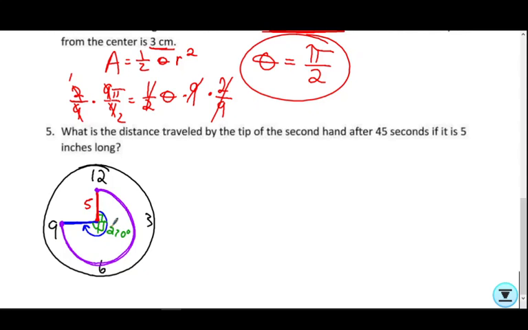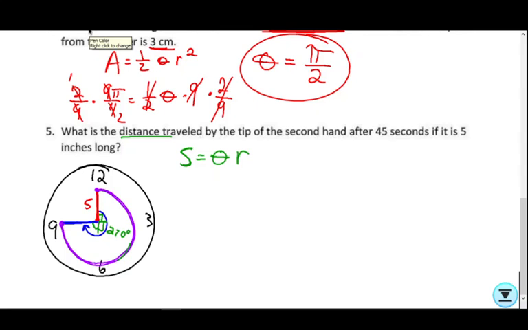That is my angle. We're also talking about distance. So as soon as I see a distance and not area, I know I'm dealing with my arc length. So we're trying to find this length, the distance. So we're using this equation. So now that we've drawn a picture and figured things out, we know what r is. It's 5 inches. We know what our angle is. It's 270 degrees.